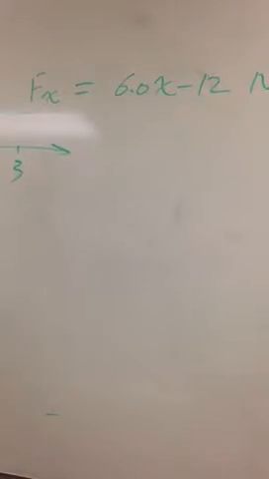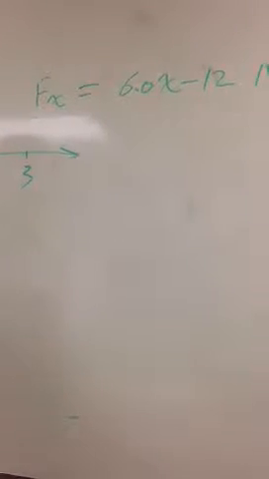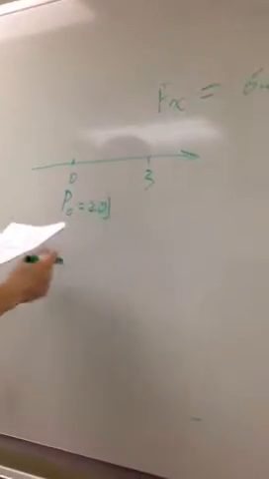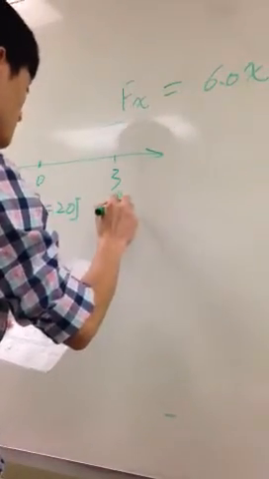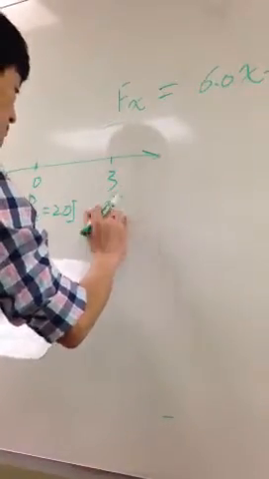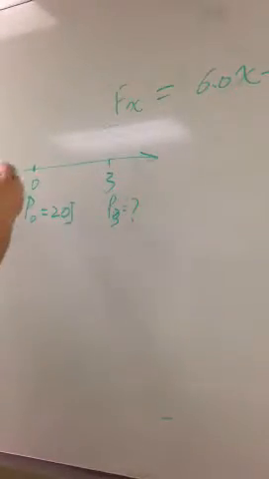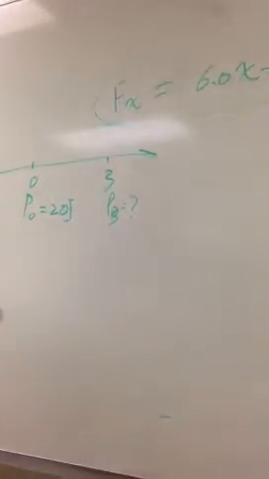So first, we know the potential energy at 0 is 20. And they ask you the potential energy here. What you need to do is to see how much work is done, right?